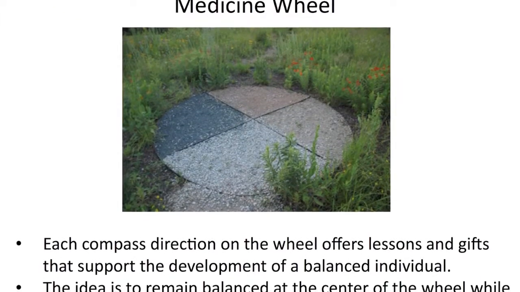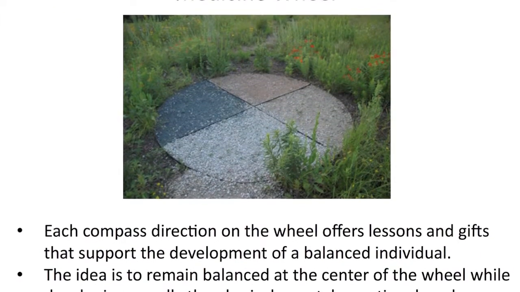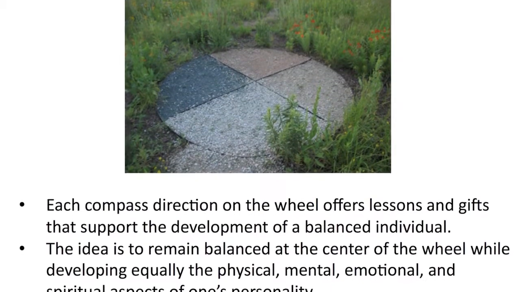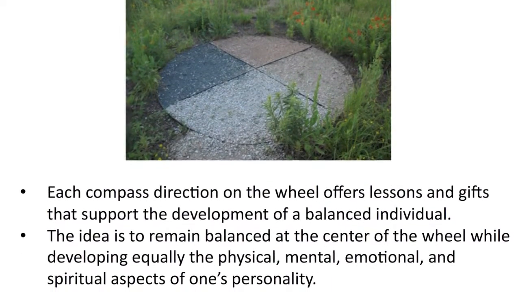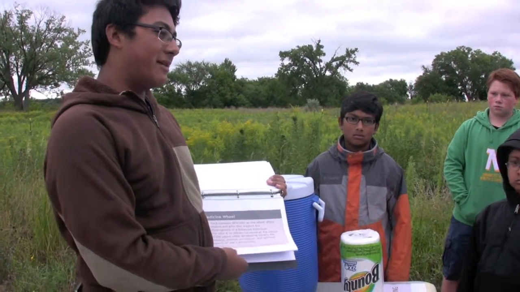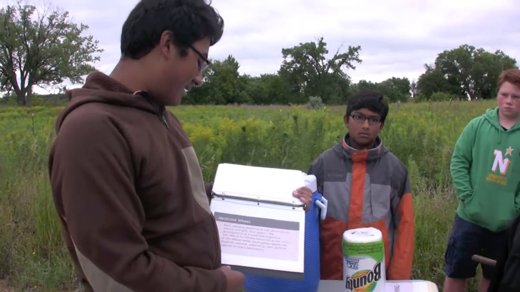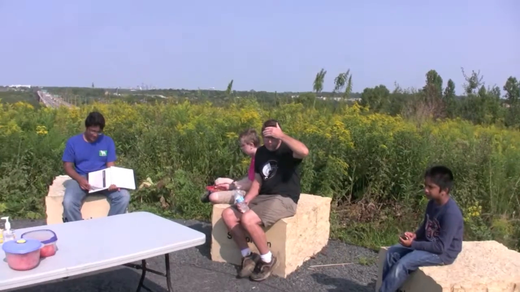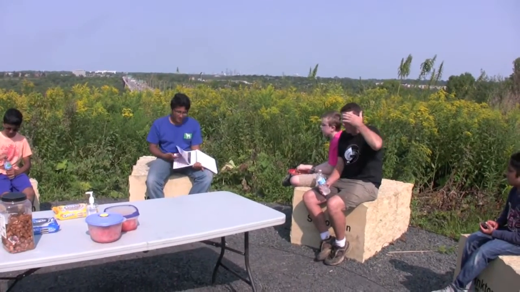Those talk about the four seasons and the four cardinal directions, and it holds a lot of importance to the Native Americans who live around this area. There are different lessons they learn from the different directions, and the idea is you have to stay in the center and learn from all four. It reminded me of the OA ceremony when they talk about the land of the rising sun and the land of the winter snows.